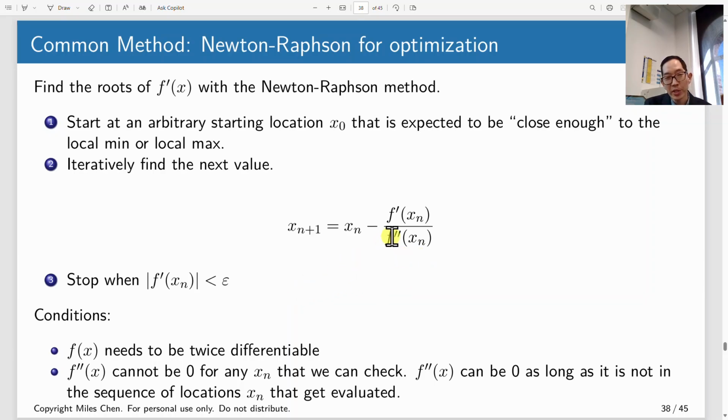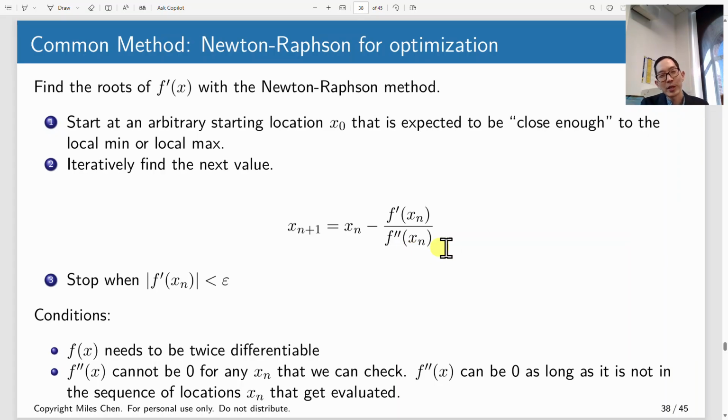For this to work, f has to be twice differentiable. So I think that's straightforward. Obviously it works best for smooth and continuous functions. And then f double prime just can't be 0 where you evaluate x at time n, okay? It's allowed to be 0. It's allowed to cross the x-axis. That's not a problem. But if during your iterations, at x at time n, the second derivative equals 0, then you run into problems.